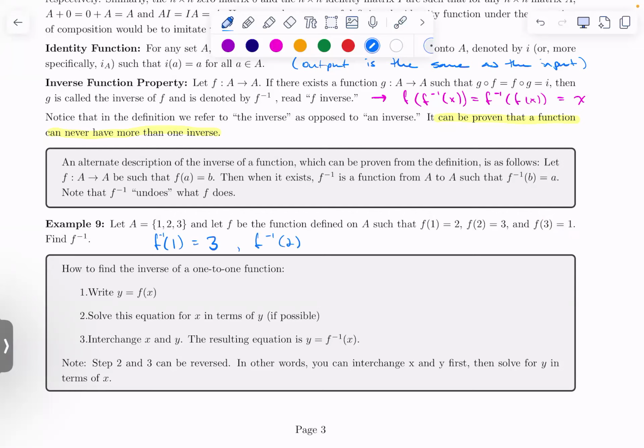F inverse of 2, you look for an output of 2, and you get 1. And then f inverse of 3 is 2. It's really the trip back from the range to the domain.